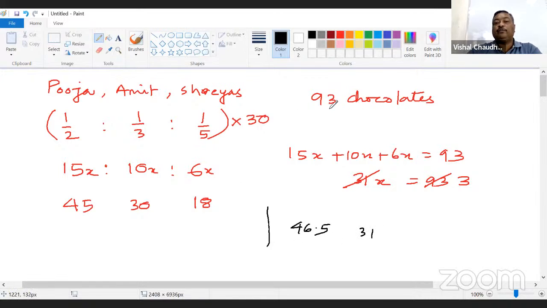And 1/5 of 93, what is 1/5 of 93? 18.6. Isn't it? Now see, is the sum coming to 93? No. So we cannot do that. Always remember, we have to take the right approach in this type of question. Okay.